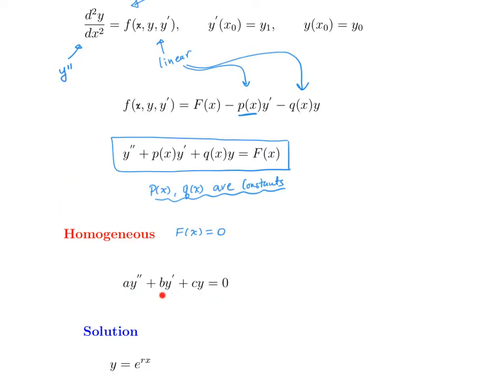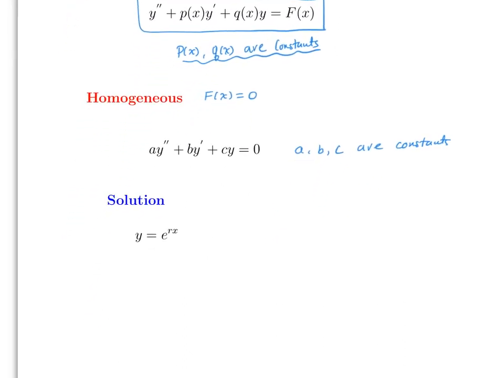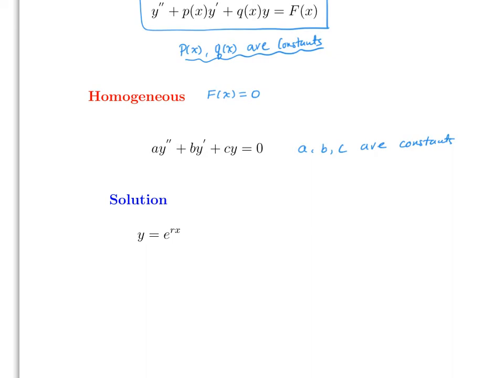So this is a general homogeneous second order differential equation that is linear. And like I said already, a, b, and c are gonna be constants. All right, so for this section, we're gonna assume, and this is one of the most important assumptions, which is gonna turn out to be the right assumption, that the solution is gonna look like this, where r is also a constant.